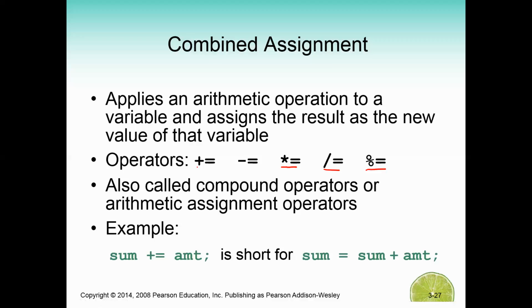So what this is going to do is do this operator first, and then it's going to do the assignment. It's going to do all of them: first the operator, and then the assignment. So it's going to apply an arithmetic operation to a variable, and it's going to assign the result as the new value.